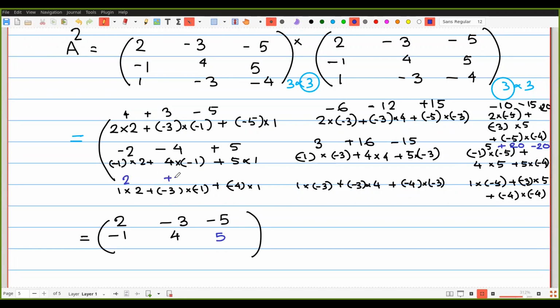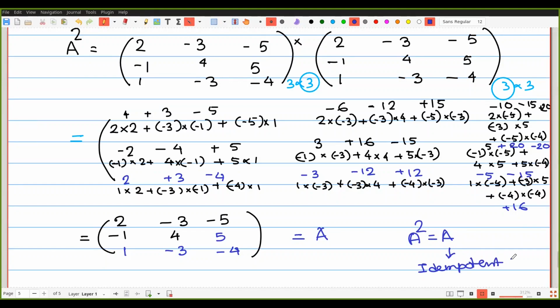Then 2 plus 3 minus 4, 5 minus 4, that is 1. -3 minus 12 plus 12, so that one is -3. And finally, -5 minus 15 plus 16, so the result is -4. That one is our A. So we can say A square is equal to A, or A is the idempotent matrix.